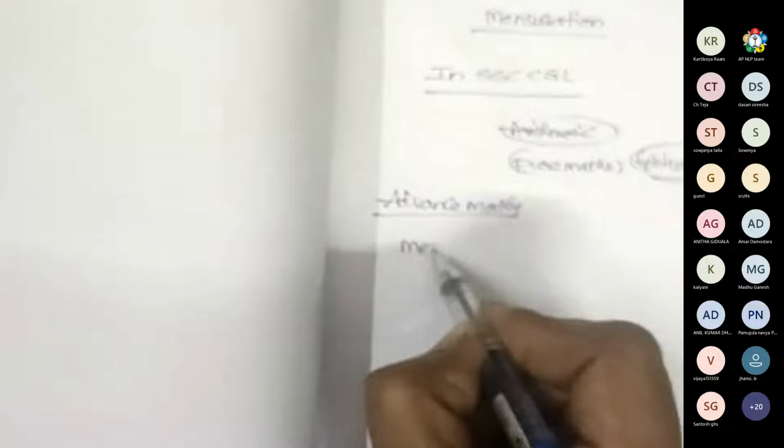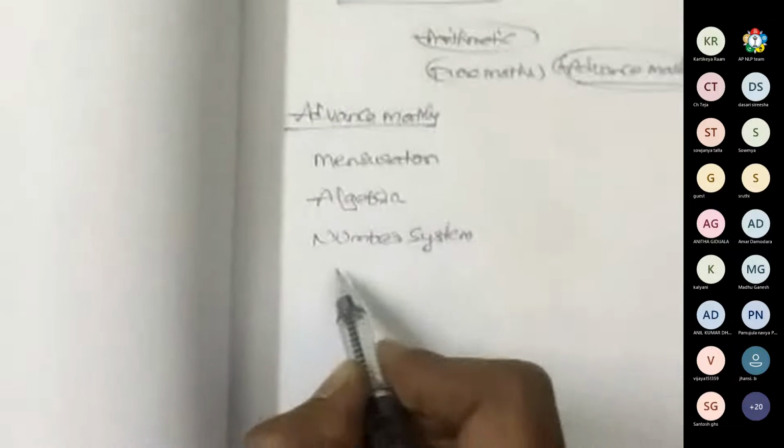See, in the recent examinations, you're getting more questions on advanced maths only. Which chapters come under advanced maths?